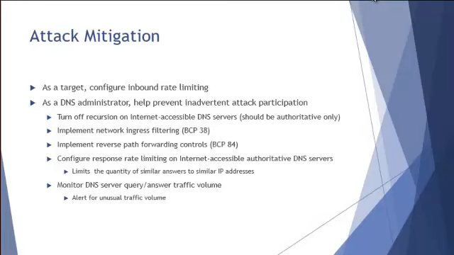And then on the DNS server itself, configuring response rate limiting so that you're not participating in a reflection attack to another, let's say, public IP space that's not under your control for filtering purposes. But through response rate limiting, you can limit the quantity of similar answers to a similar set of IP addresses.